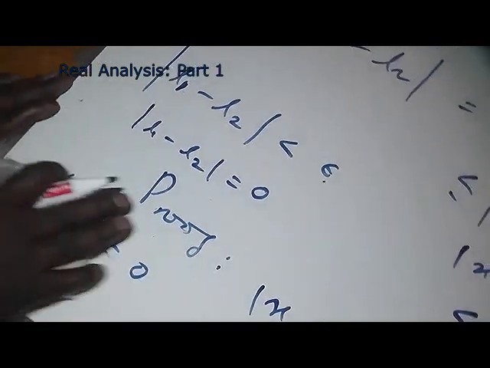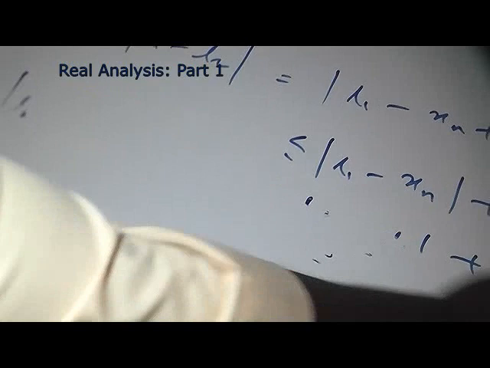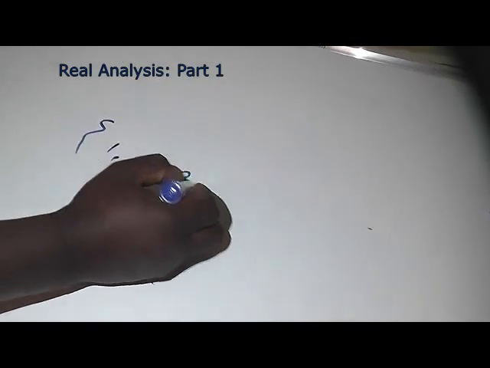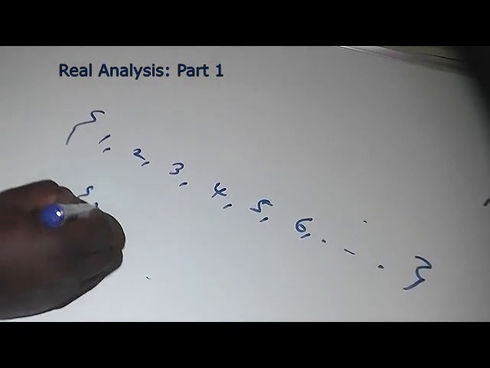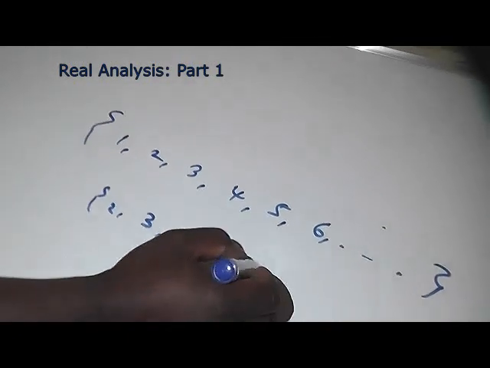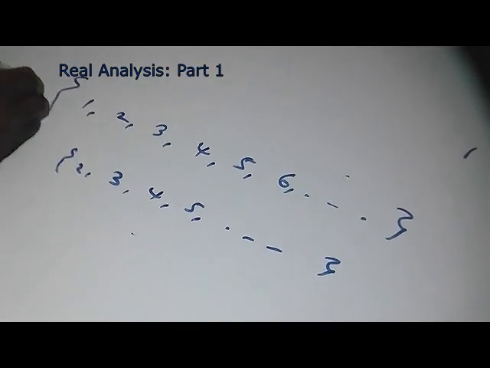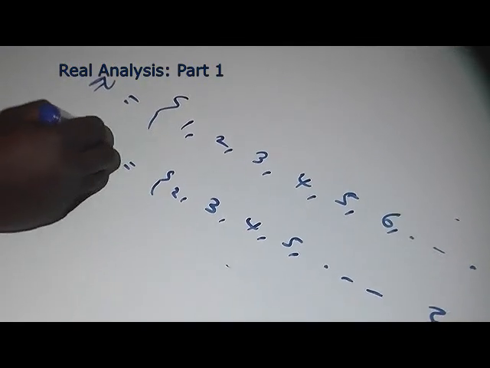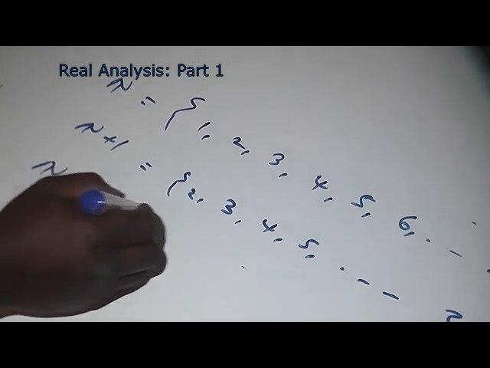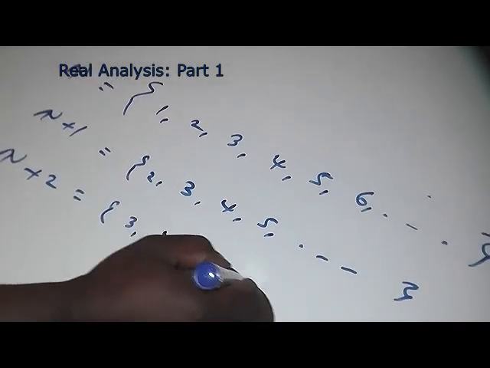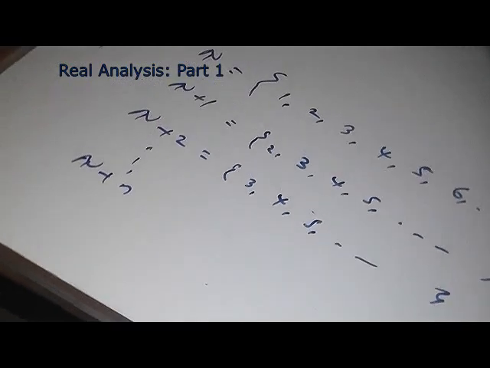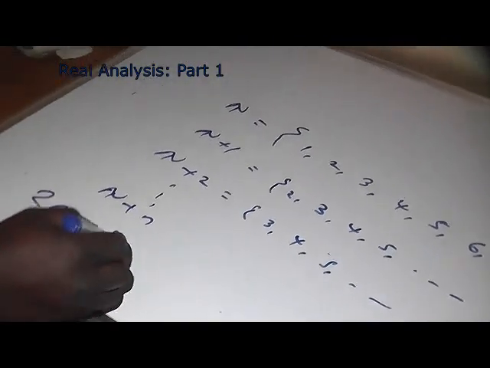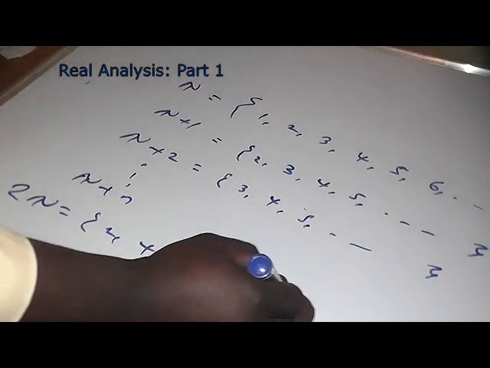Now we introduce a subsequence. If we have a set 1, 2, 3, 4, 5, 6, now this is a subsequence of that. That's addition of this. If this is n, n plus 1 is a subsequence, n plus 2 is also a subsequence of n, and down the line. Now if we check 2n, this will give us 2, 4, 6, 8, and down the line.